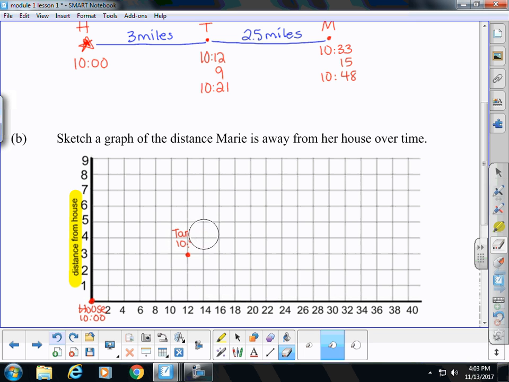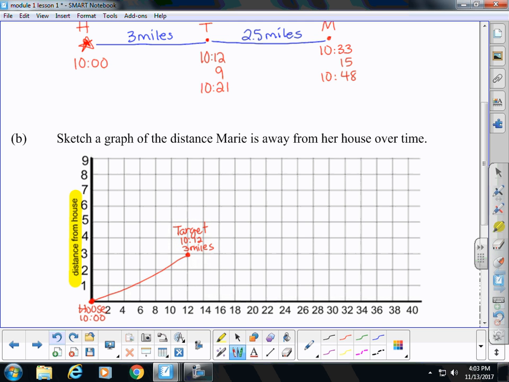I'm going to give myself a little bit more room here. So, Target, it's 10:12, and she's 3 miles away from her house. Then I'm going to connect those points with an ascending line going up. Remember, when a line goes up, that means that time is going forward and the distance is going forward.